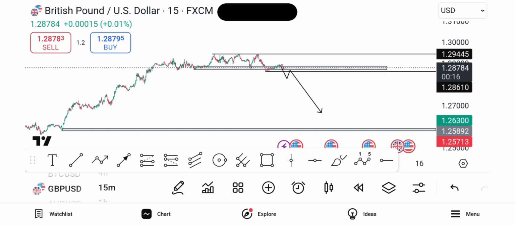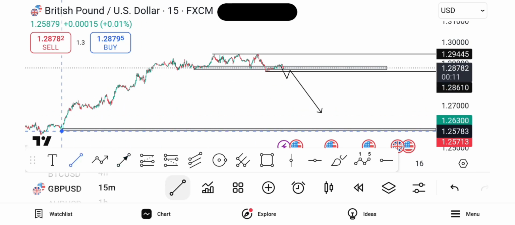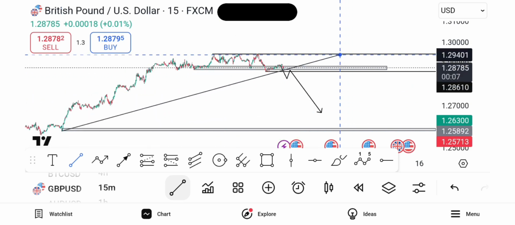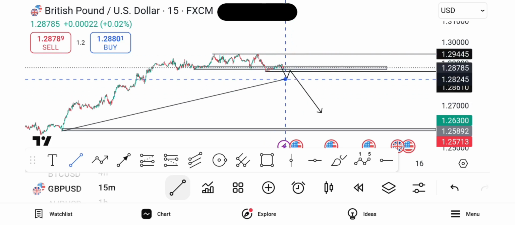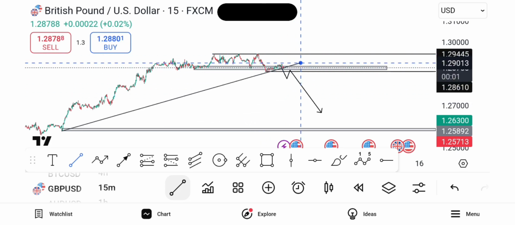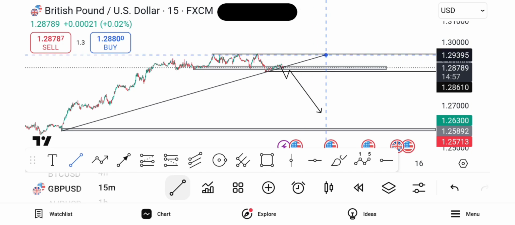We begin from here, from our support. You can't take it like this, or like here. You go with the zone, the available low. So like this.